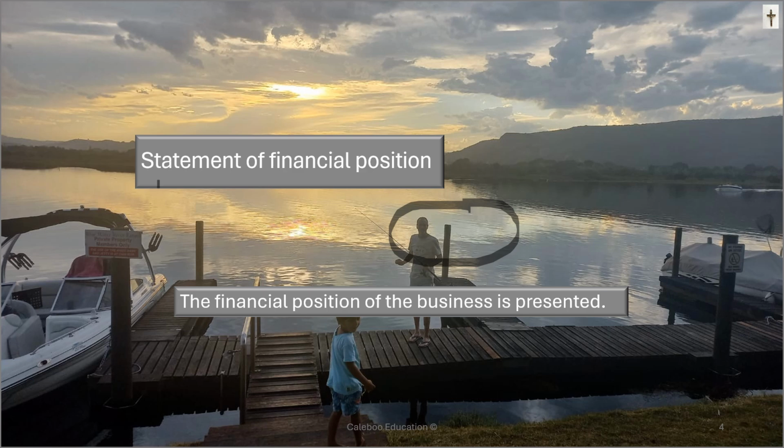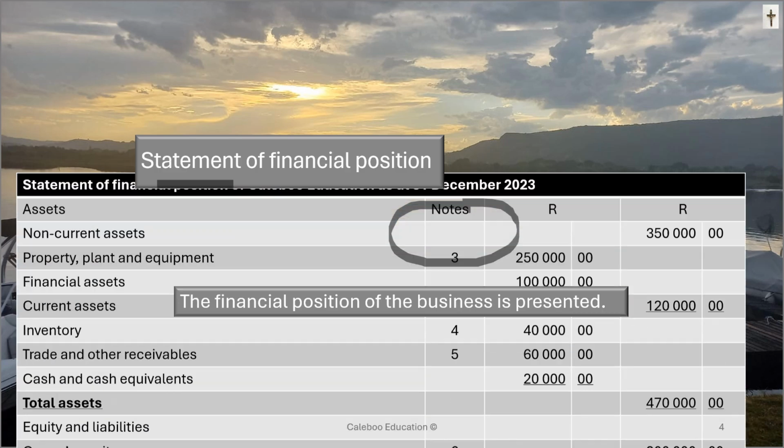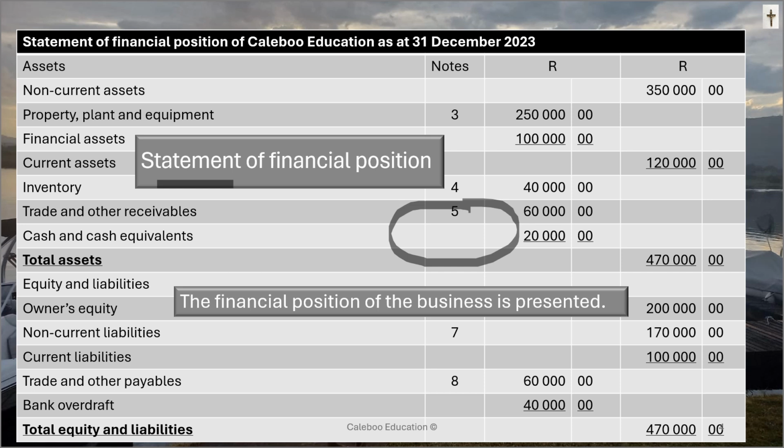So next I'm going to look at the statement of financial position. And if I have a look here, the statement of the financial position of Calibu Education. The financial position of a business is calculated on the last day of the financial year.